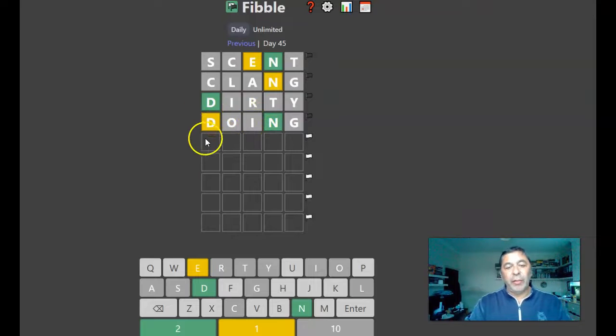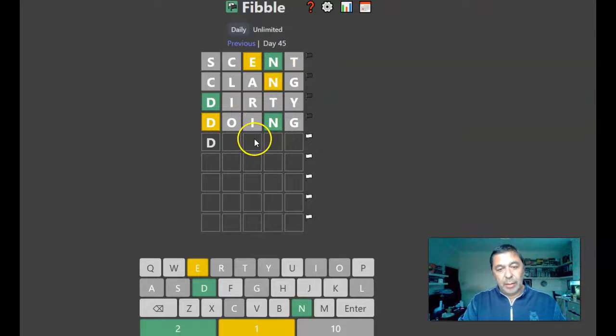All right, so I think the D and the N are there, and I think they're in the right places. I don't think the I is there. So one of those letters is probably there, but it's not the I. It could be the R, it could be the T, and it could be the Y.